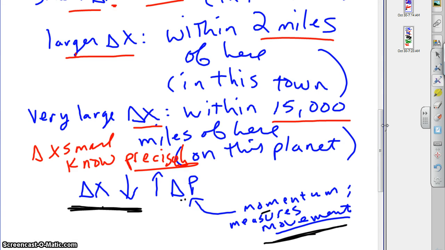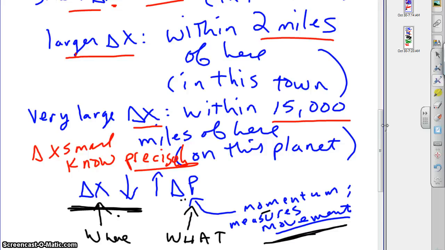So whenever we talk about delta p, we're talking about how well you know something's speed or how it's moving. And so we have how well you know where it is and how well you know what it's doing. And what the uncertainty principle says is that when you know more about one, you must have less certainty about the other one.